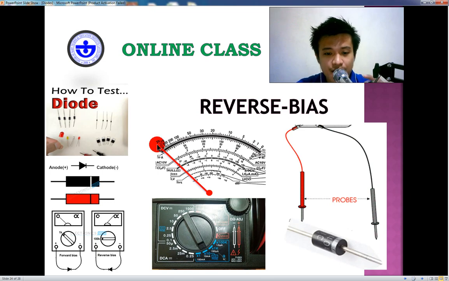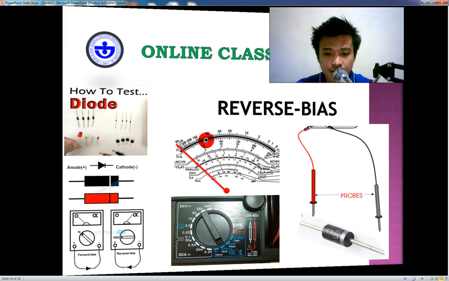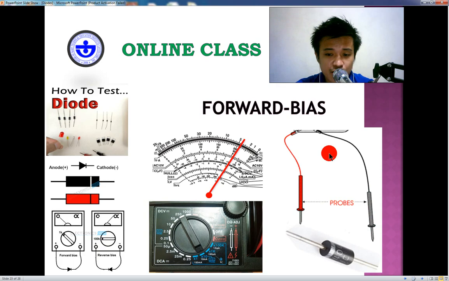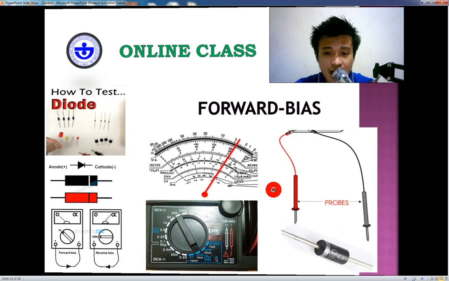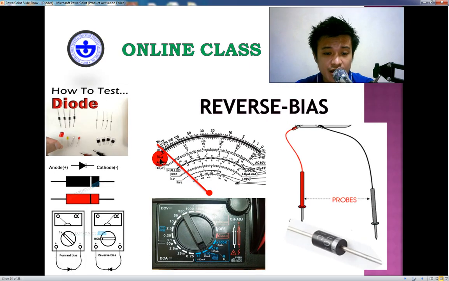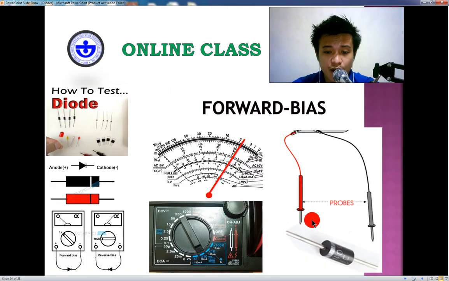So in those two results, if in the forward bias you get a reading of low but not zero, and in the reverse bias you get a reading of infinite, meaning the needle pointer does not move at all, then I can tell that the condition of your diode is good. That's it. Why? Because a diode will only allow the current to flow in the forward direction, forward bias.